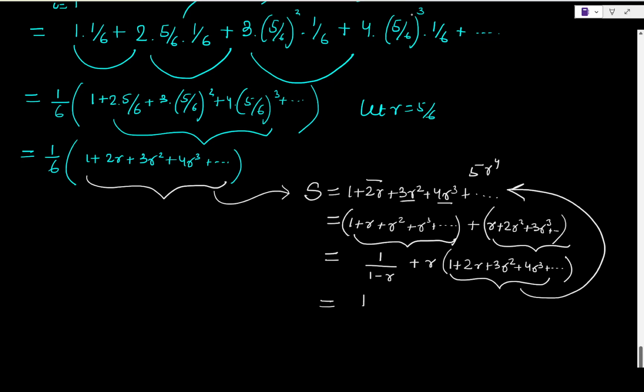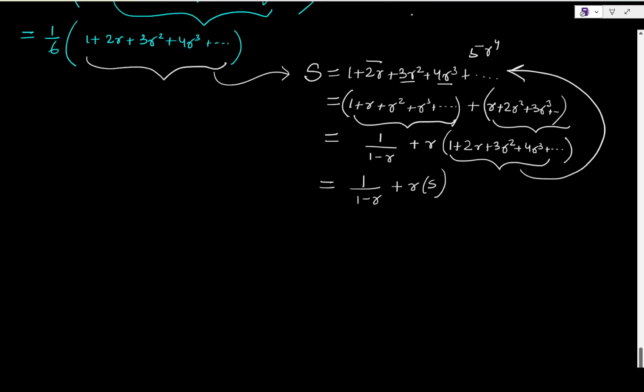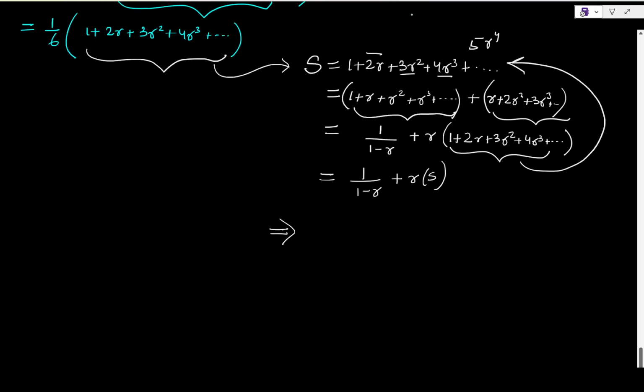So I can replace this with 1 upon 1 minus r plus r common s. Now, simplifying the equation, taking all terms of s on one side, I'll get s common 1 minus r is 1 by 1 minus r. That means s becomes 1 divided by 1 minus r whole square.